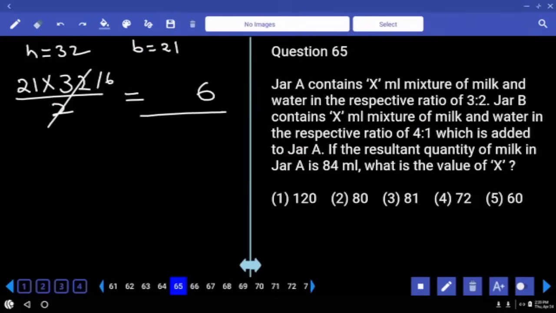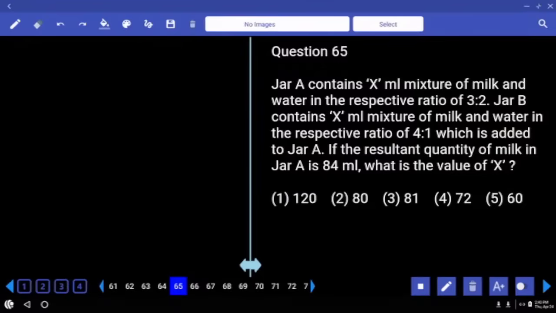Jar A contains X ml of mixture of milk and water in the ratio 3:2. Jar B contains X ml of mixture of milk and water in the respective ratio 4:1, which is added to jar A. That means jar B content is added to jar A content. If the resultant quantity of milk in jar A is 84 ml, what is the value of X?